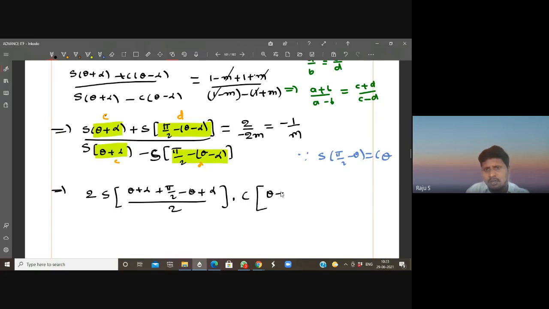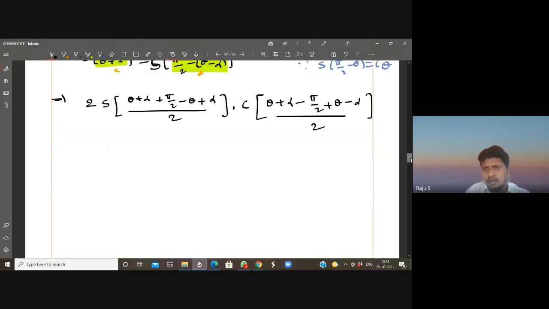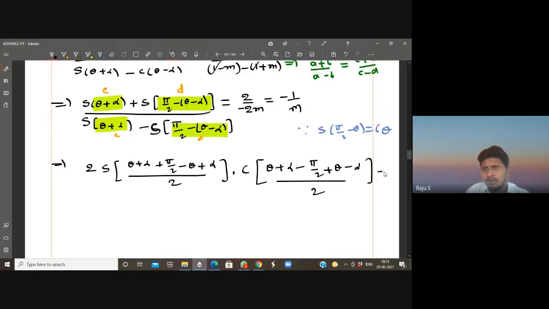Okay, 2 sin of theta plus alpha plus pi by 2 minus theta minus alpha, whole divided by 2, into cos of theta plus alpha minus pi by 2 plus theta plus alpha, divided by 2. This is the right side, we got minus 1 by m. Okay, RHS value is minus 1 by m.